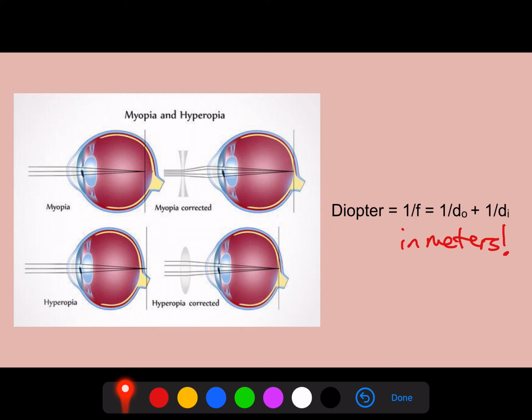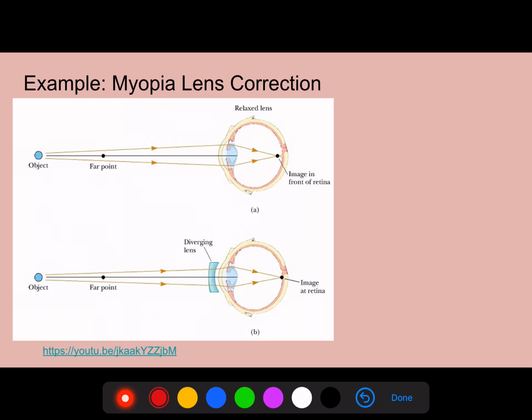They don't tend to mention this, but say, for example, you have a -2, they just say it without a unit. If you are curious what the units of your diopter actually are, the units of the diopter are 1 over meters.